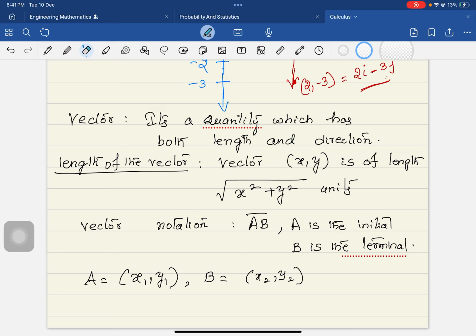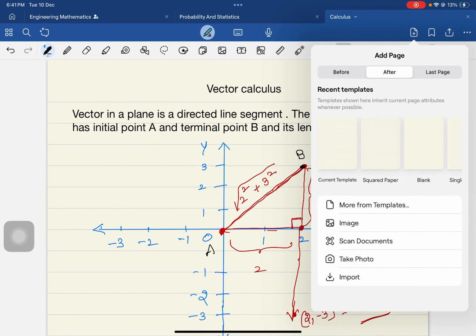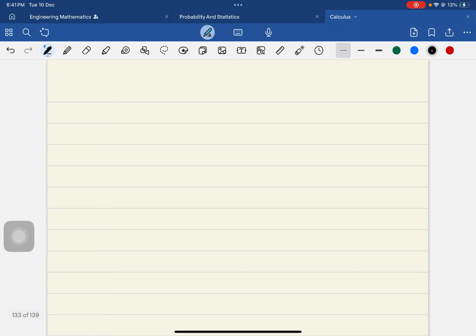So the point A is the initial point, B is the terminal point x2 comma y2, as I said.